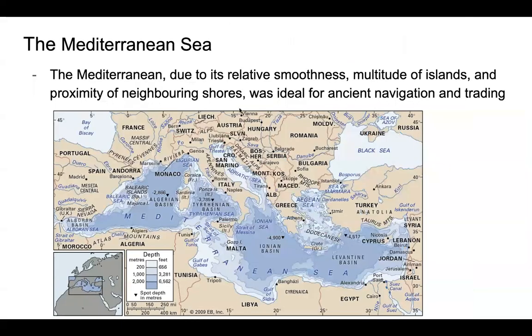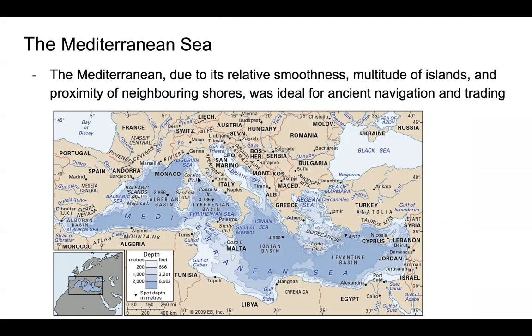And he also commented on the Mediterranean Sea, right? So why during ancient time, we get so many prosperous settlements in the Mediterranean Sea? Well, because it's relatively smooth, I guess, compared to the Atlantic Ocean. It has many, many islands. I mean, just look at the Aegean Sea, how many islands there are, right?